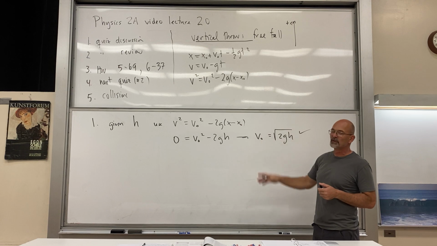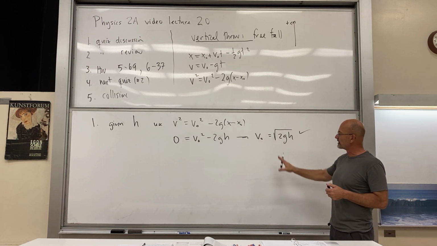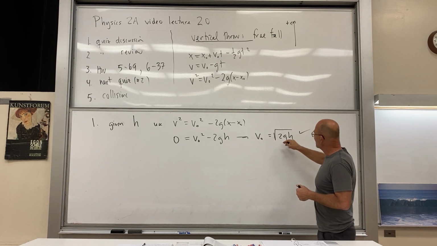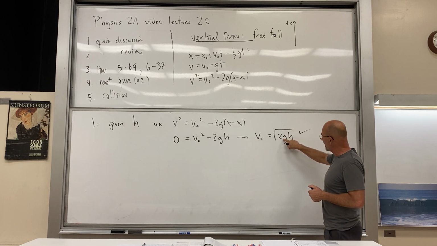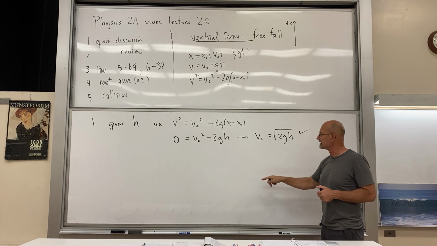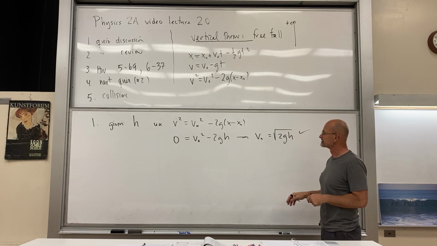I may bump it up to 3%, even 4%, so that you don't lose on account of that. Okay. But when you're here, then you've got 2, 9.8, and whatever the height was that the machine told you to plug in, and then you get that answer, and then you type that in, okay?